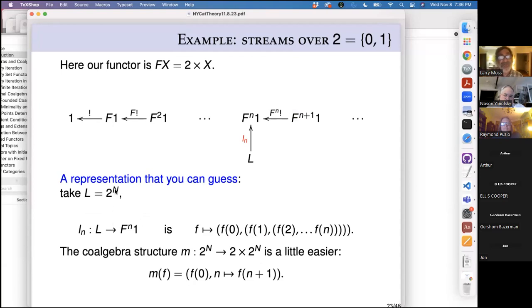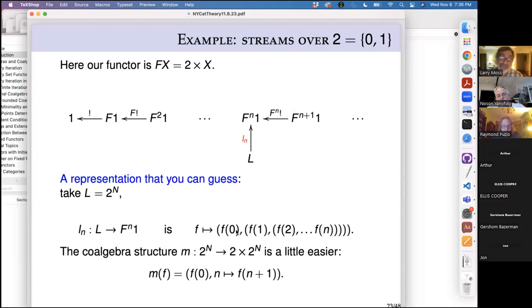You would take L to be 2 to the N, which means all functions from the natural numbers into 2. So this is all the sequences. F is a sequence, and what you would get as your map into here, Ln, is this kind of tuple that's iterated in a certain way.